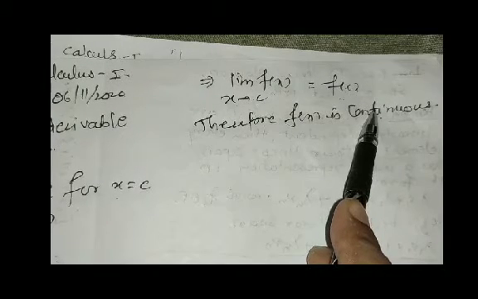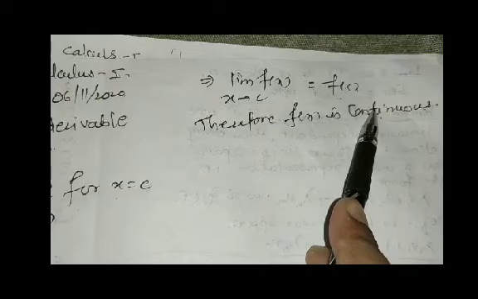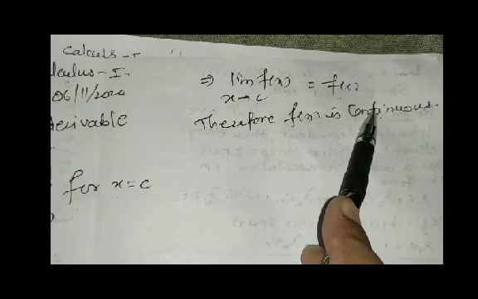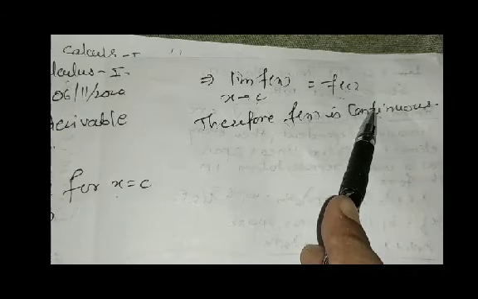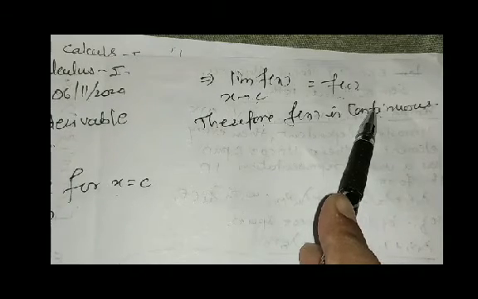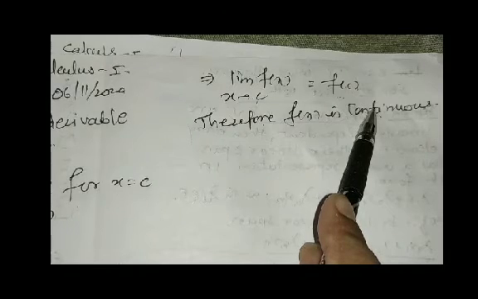Here we have cleared that if the function is differentiable, then it is continuous at that point. But a continuous function may or may not be differentiable. We will discuss that in the next period.